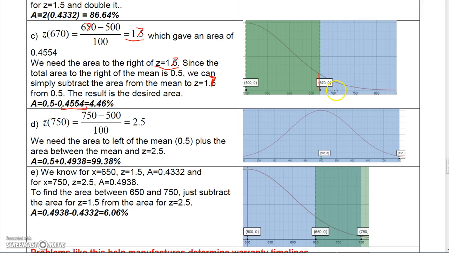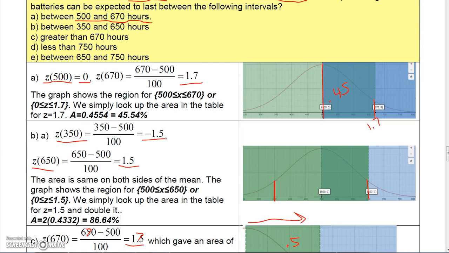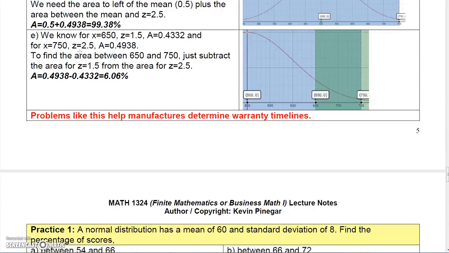The area from the mean all the way over is 0.5. So if I take 0.5 and subtract this green area off, it's got to leave me with the little bitty blue area. So I take 0.5 minus 0.4554, and it gives me the area to the right of 670, which is 0.0446. So it's 4.46%.